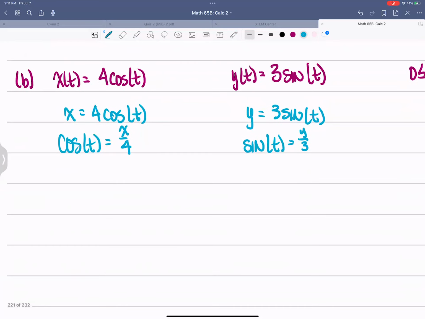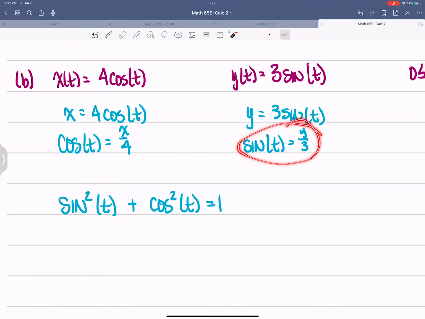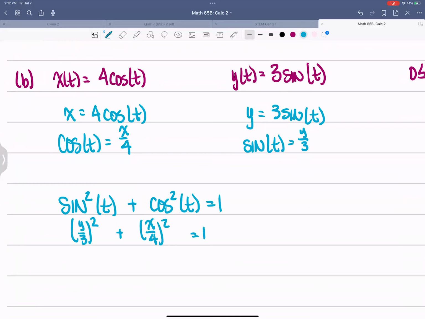And with our Pythagorean identity, we know that sine squared t plus cosine squared t is equal to 1, no matter what t is. We have something for sine, so that's going to be y over 3. Y over 3 squared plus cosine, we have x over 4 squared, that's all equal to 1.